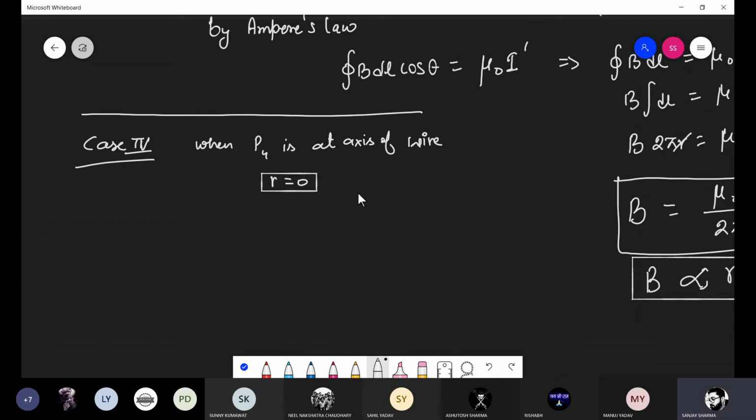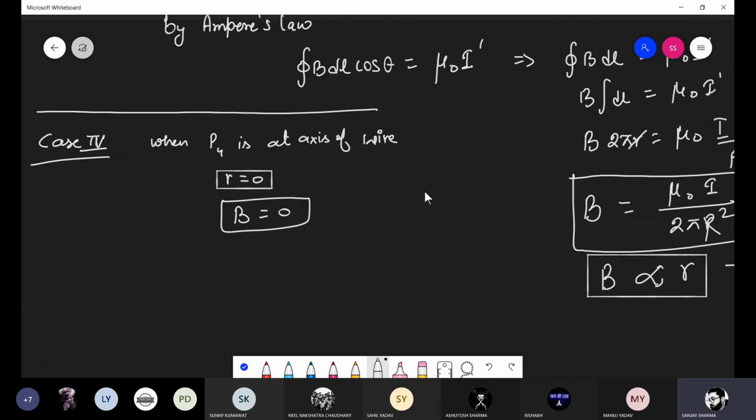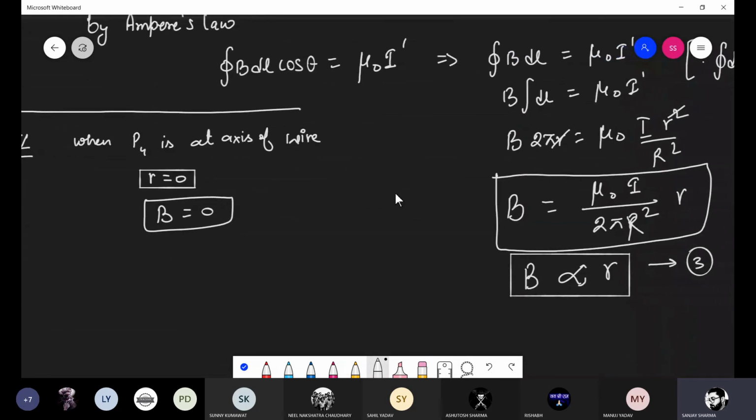When small r is equal to 0, then what will happen? The magnetic field is also 0 because at the axis there is no loop you can form. When there is no loop, no current will be considered through the loop. When no current is considered through the loop, the magnetic field is 0. And also numerically, from result number 3, if you put the value of small r equal to 0, then you will get magnetic field 0.